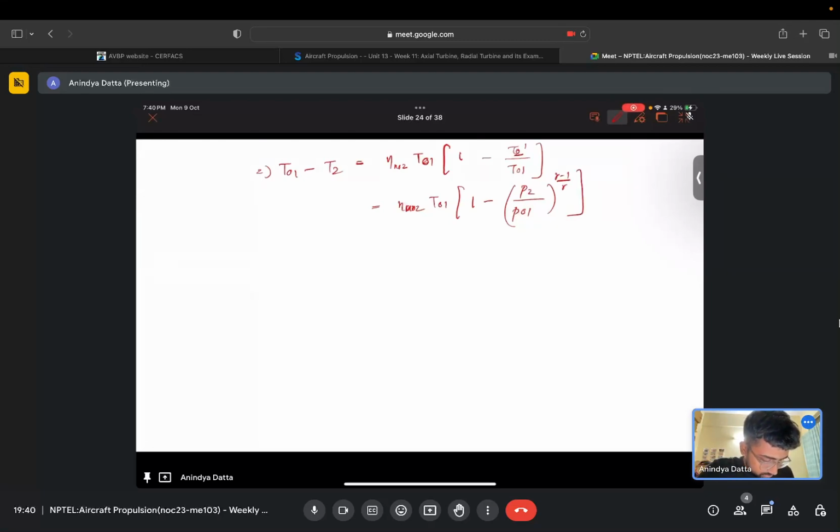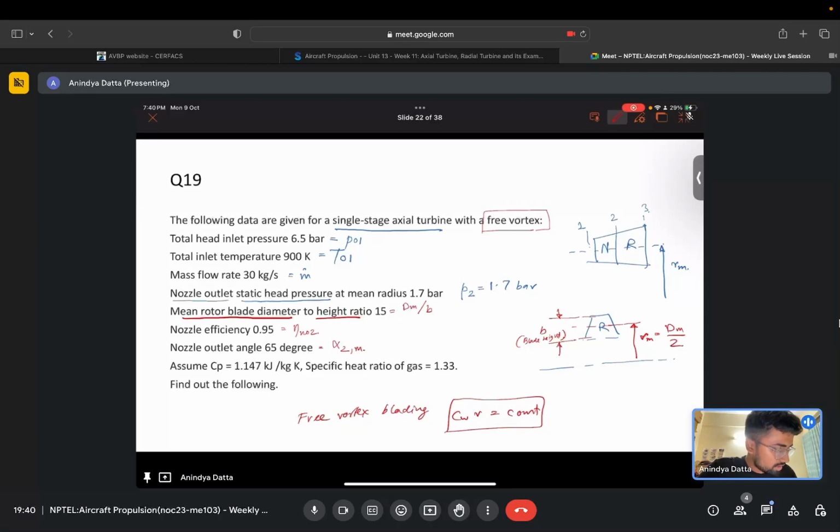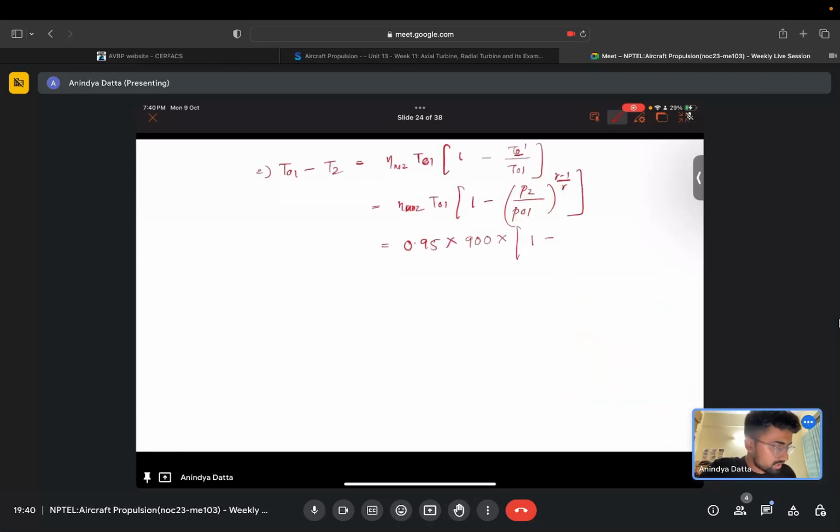Now, do we know everything? The nozzle efficiency we know is 0.95, T01 is 900 Kelvin. P2 is given as 1.7 bar and P01 is 6.5 bar, so this is 1.7 by 6.5, and gamma is 1.33, so the power is (1.33 minus 1) divided by 1.33.